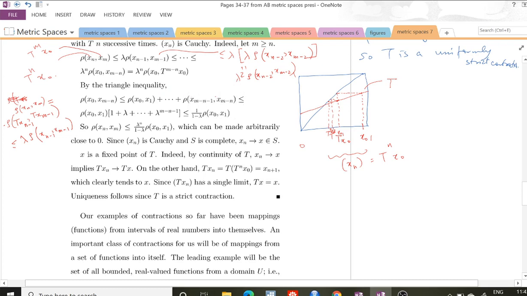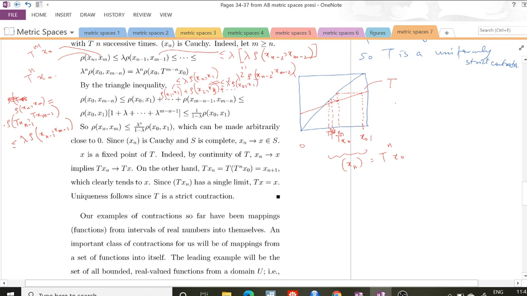And finally, note that the distance between x1 and x2 is less than or equal to lambda times the distance between x naught and x1. Similarly, the distance between x2 and x3 is less than or equal to lambda squared times the distance between x naught and x1, and so forth.